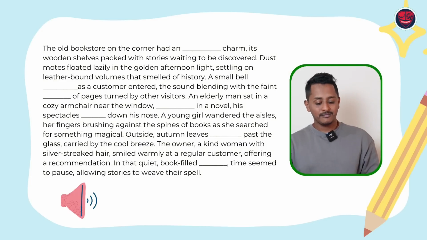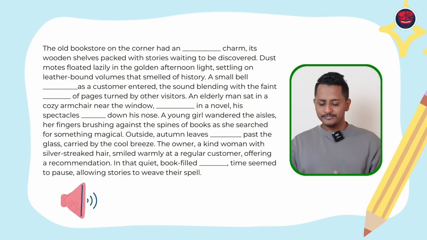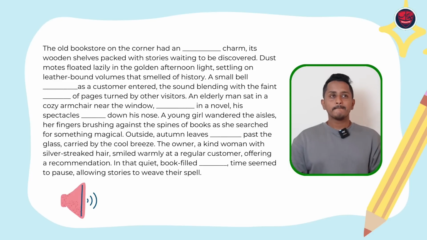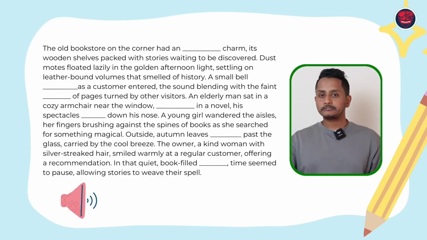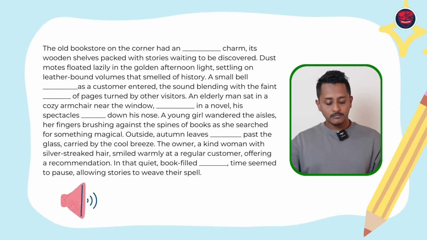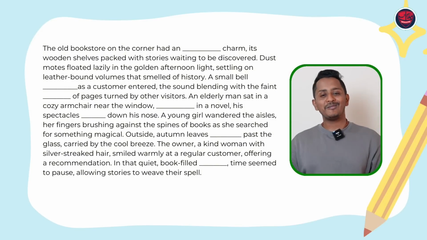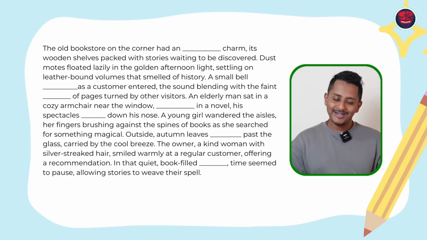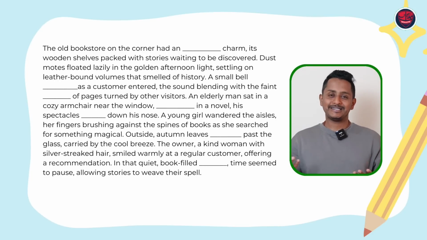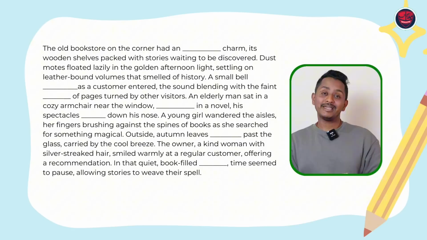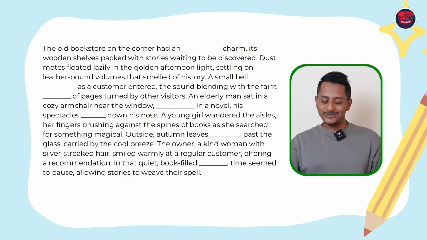His spectacles slipping down is very easy. On his nose. A young girl wandered the aisles, her fingers brushing against the spines of books as she searched for something magical. Outside, autumn leaves swirled past the glass. ED has to come, but this person will not give a clue. Swirled, he will not say it. Swirl. SWIRL. ED has to be added.